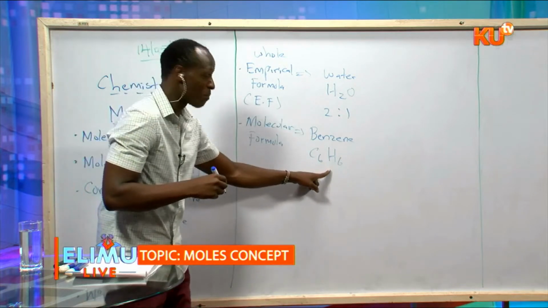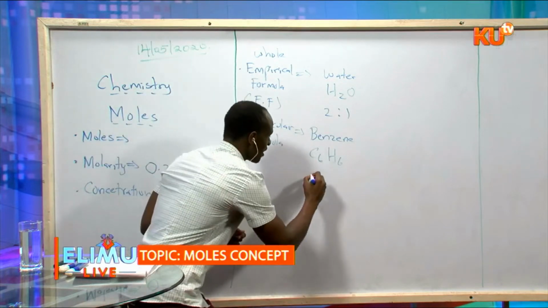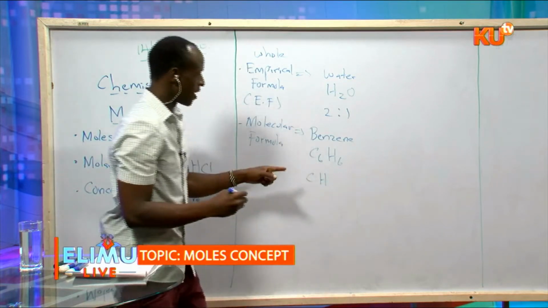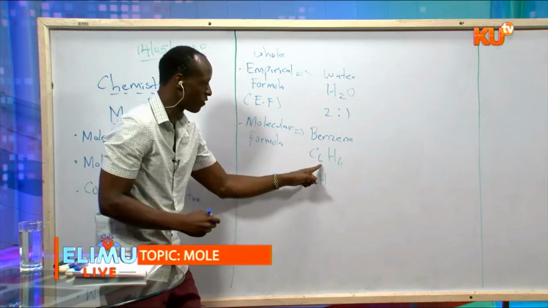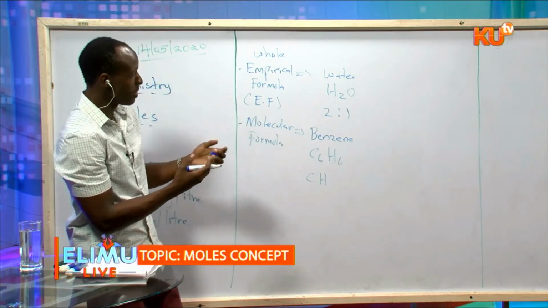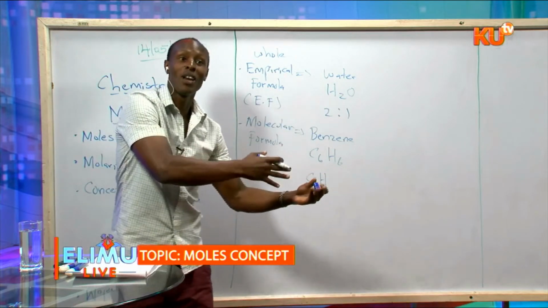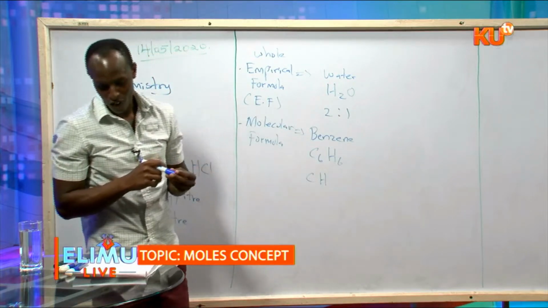This molecular formula can give an empirical formula. How? CH. It means the simplest ratio is 1:1. If you simplify 6 and 6, the simplest ratio is 1:1. So when you have an empirical formula, it can help you find the molecular formula.